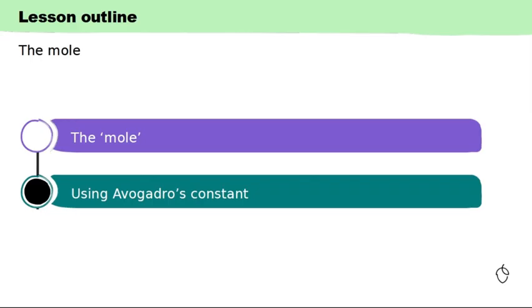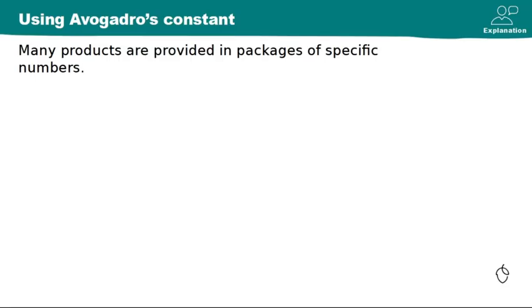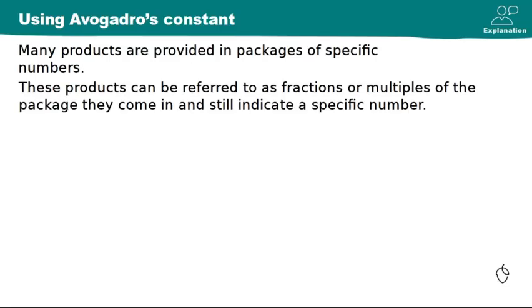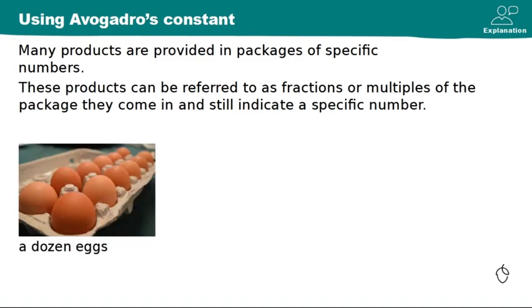Okay, so now let's look at using Avogadro's constant. Many products are provided in packages of specific numbers, and these products can be referred to as fractions or multiples of the package they come in and still indicate a specific number. So, for example, we know that in a dozen eggs you've got 12 eggs.